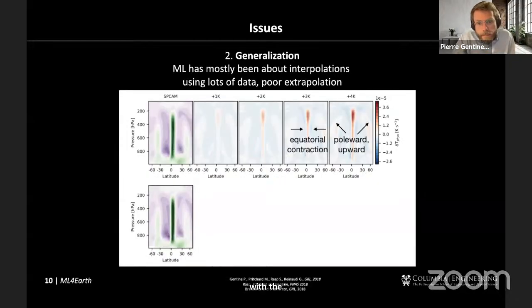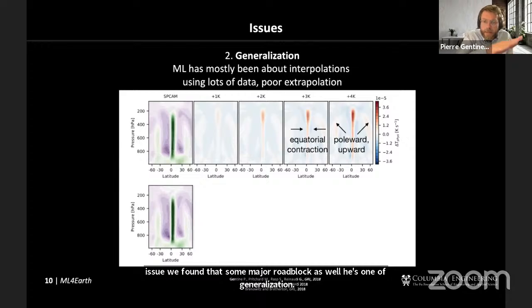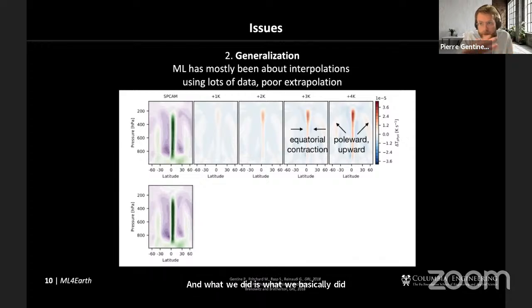The second issue we found that's a major roadblock as well is one of generalization. And what we basically did is the same experiment I showed you before. You take the ocean and you bump the sea surface temperature by 1 degree Kelvin, 2 degrees, 3, and 4 degrees. Okay, and you can see basically the expansion here of the circulation and the contraction here at the equator.